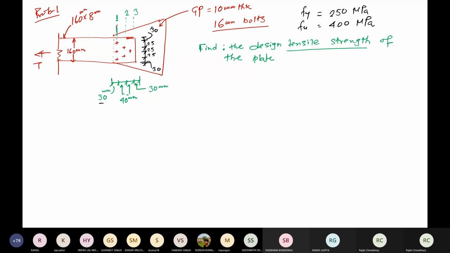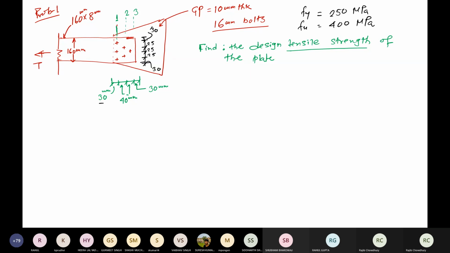It is a diamond pattern, not in fact chain bolting, and not staggered bolting either. A similar problem was given in tutorial 2, and there I think we skipped some of the strength calculation. So to define the strength calculation, you ideally need to do the following.